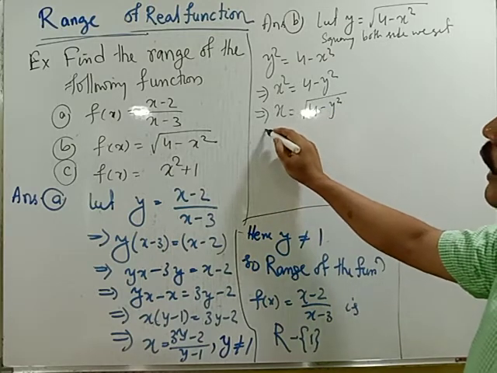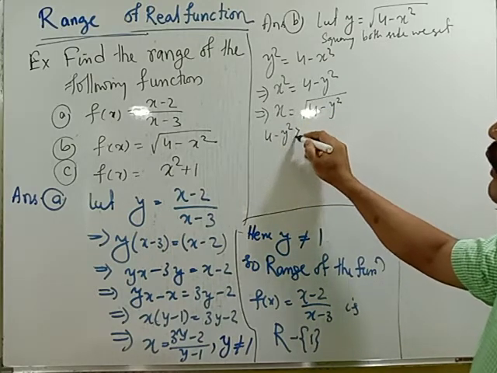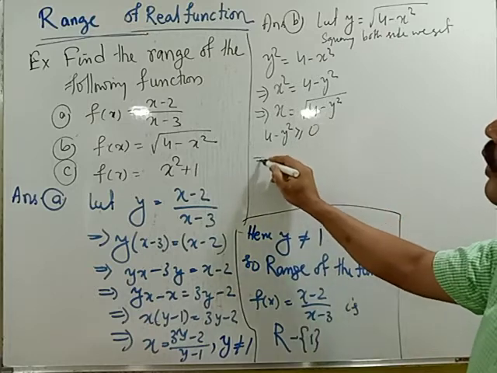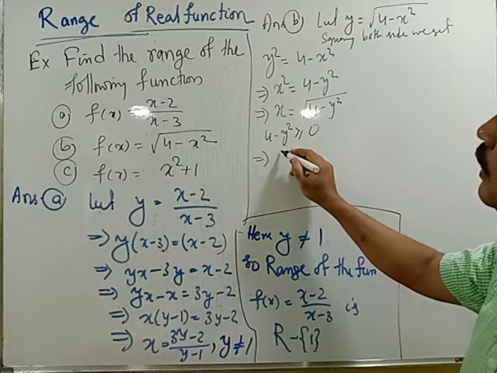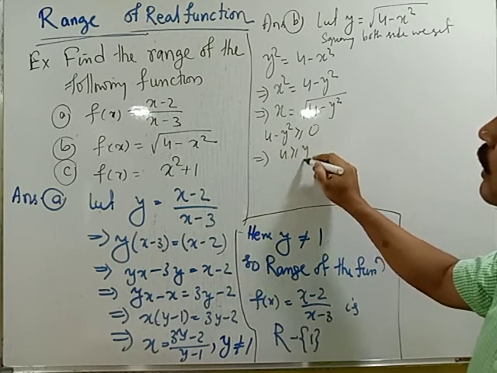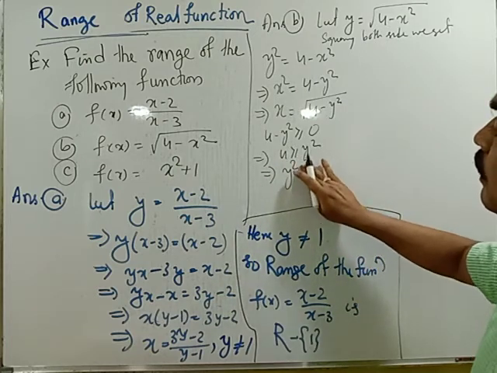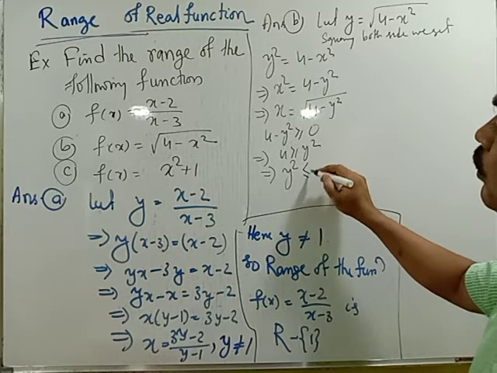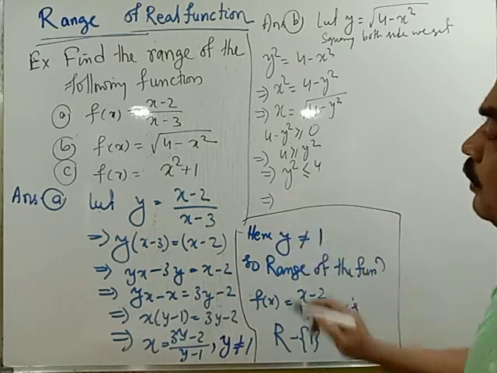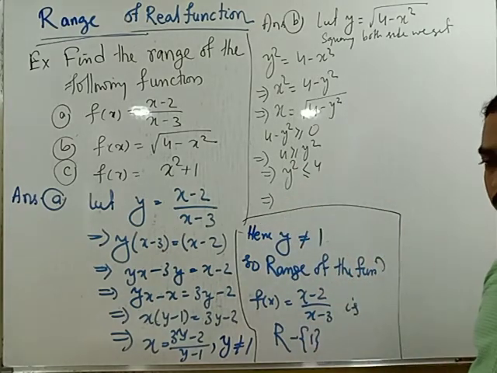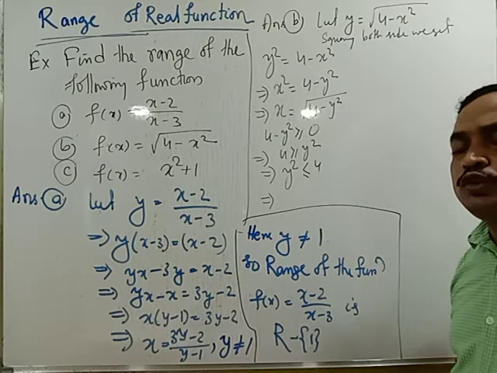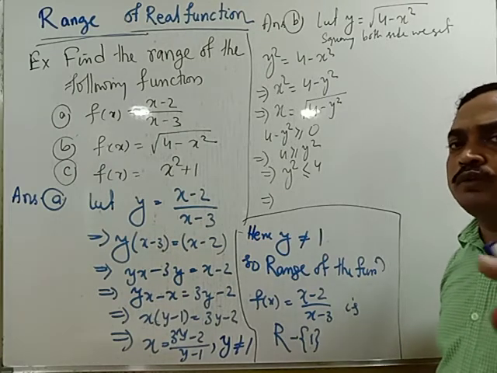So 4 minus y square must be greater than or equal to 0. That implies 4 is greater than or equal to y square. That implies y square must be less than or equal to 4. And here two branches will come, because the value of x for y should be unique, then the function will be defined.